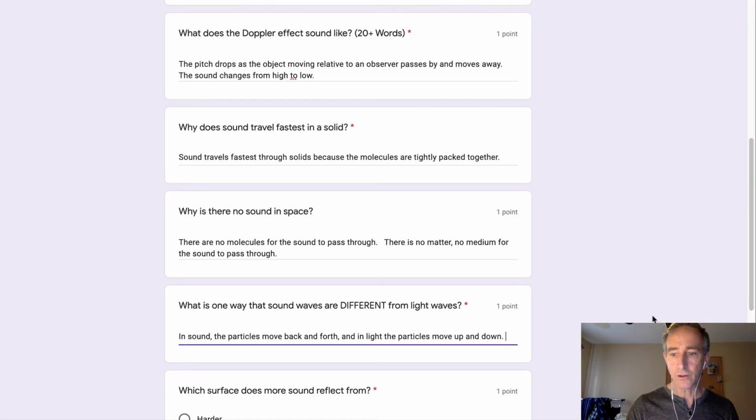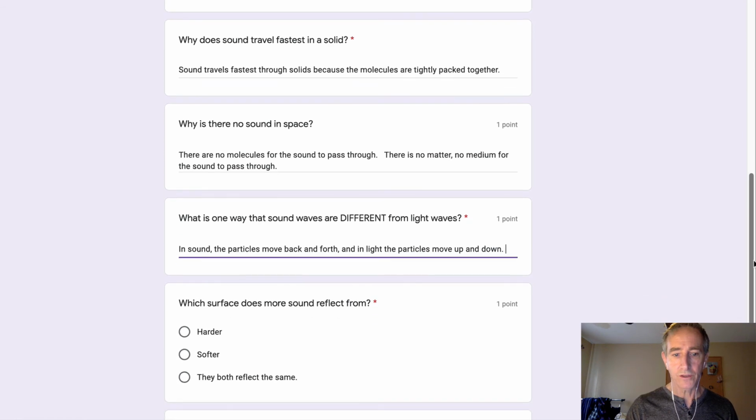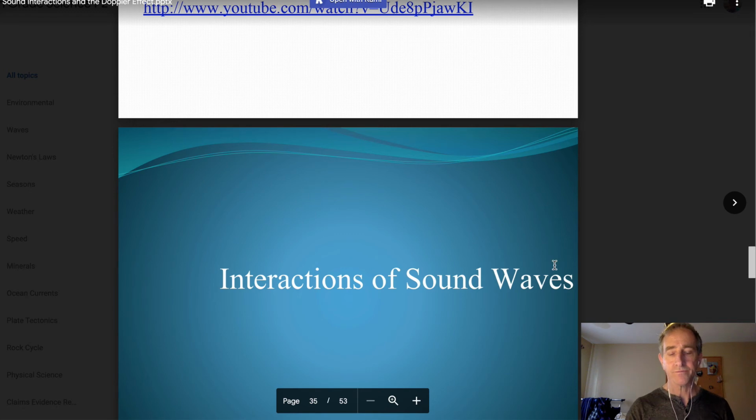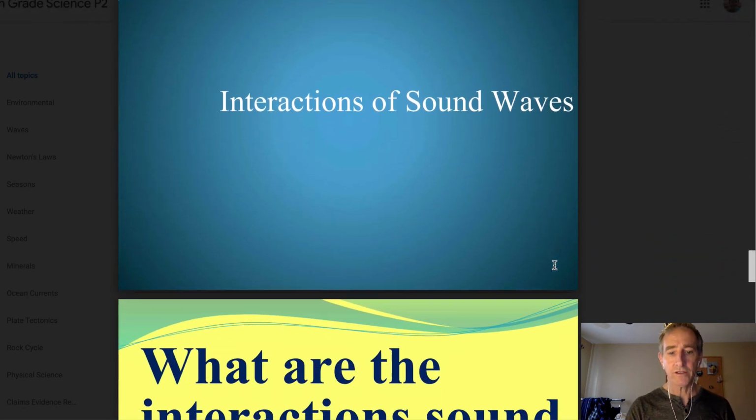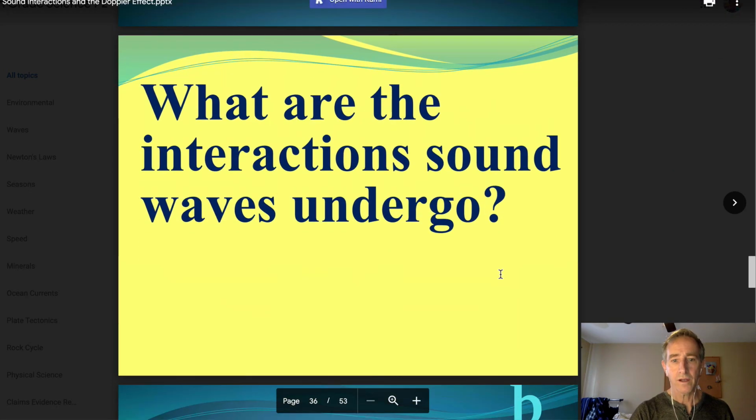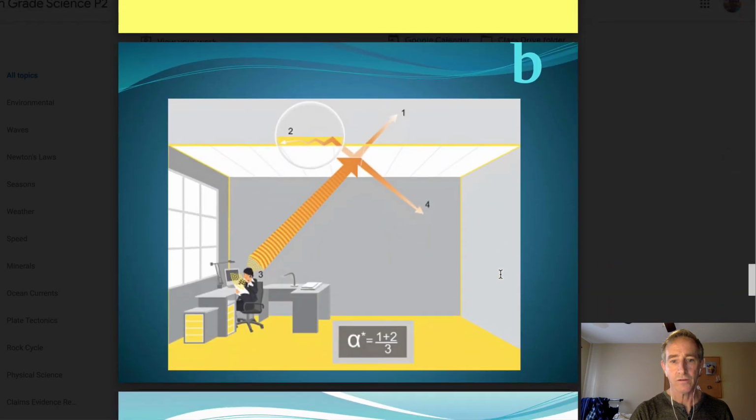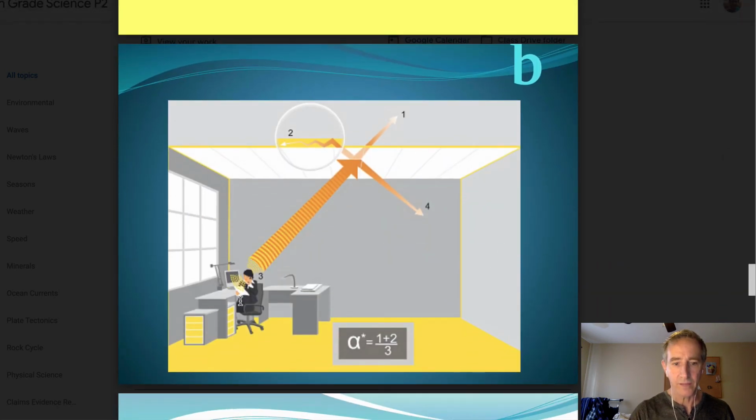All right, next question. Which surface does more sound reflect from? Interactions of sound waves. What are the interactions sound waves undergo? Here is the sound being emitted or being made. Here it's passing through and continuing on. Here it's been absorbed.